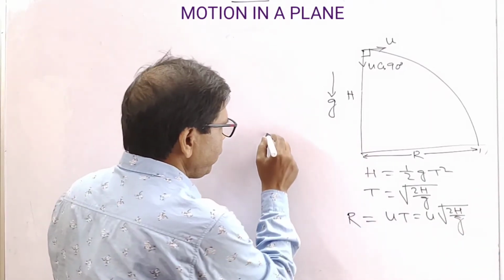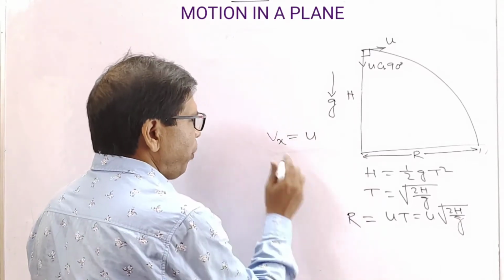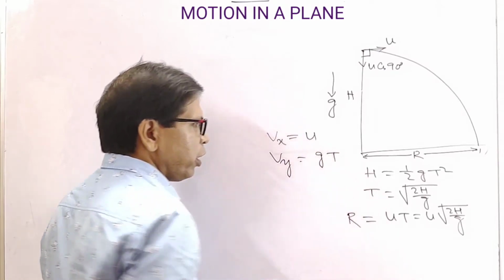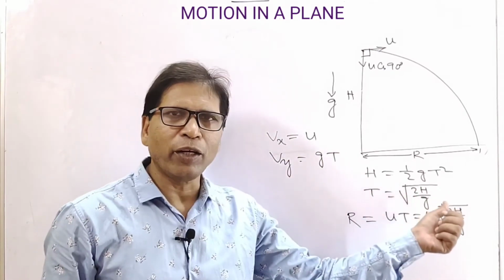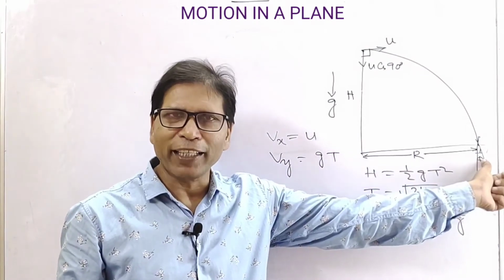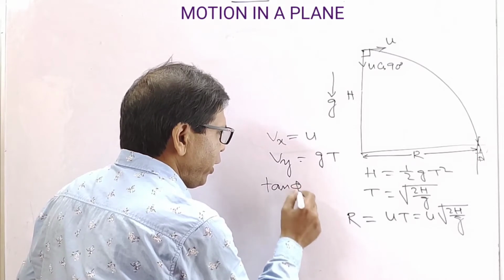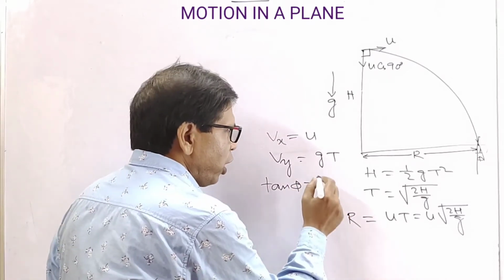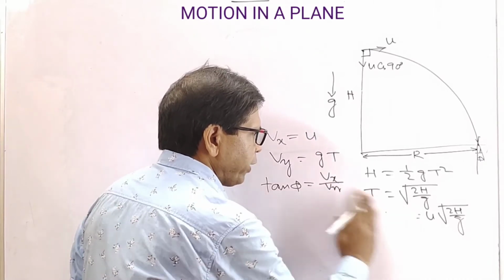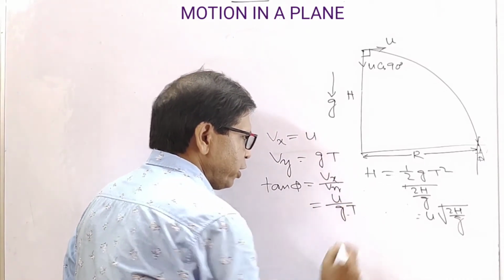The velocity at the final point has Vx equal to u, and the vertical component Vy equal to g into t, where t equals root under 2h by g. The angle made by the velocity vector with the vertical is phi. Then tan phi equals Vx by Vy, where Vx equals u and Vy is g t.